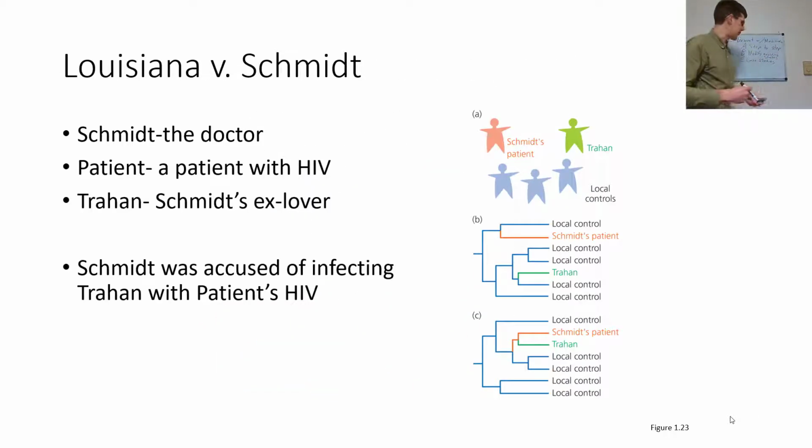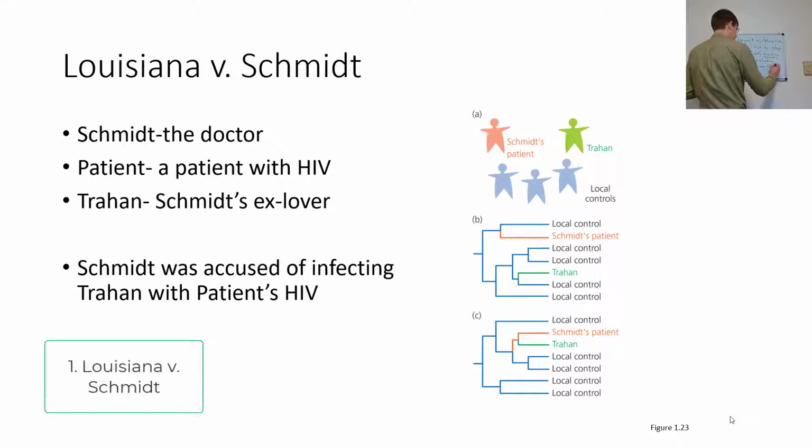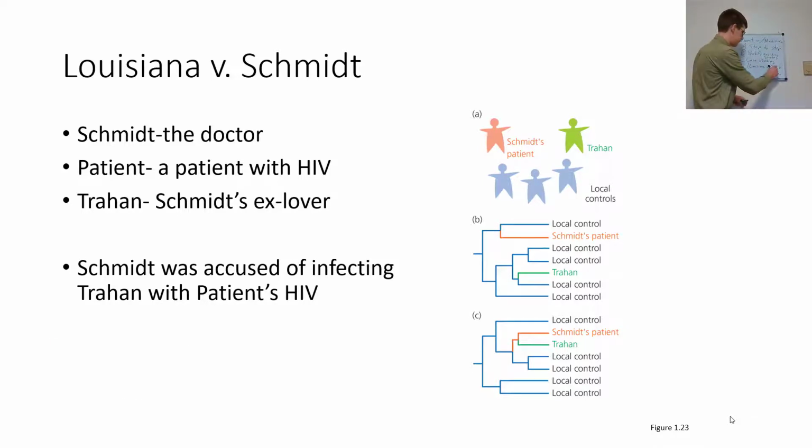And this is what was done in the case of Louisiana versus Schmidt. Okay, Schmidt was a doctor. He had patients who had HIV. And he also had an ex-lover named Trahan.